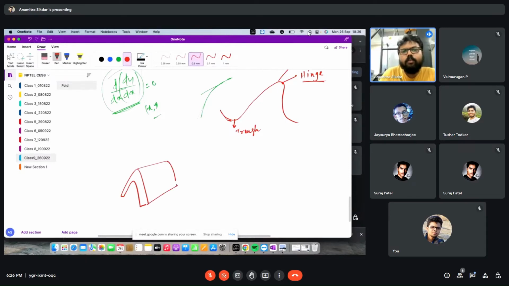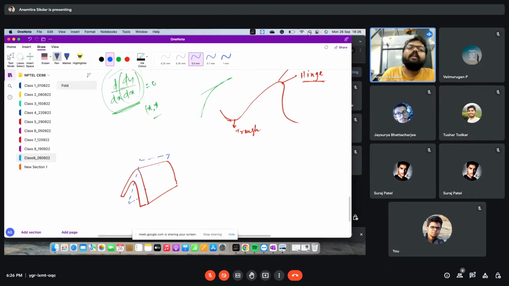So if this is a fold, there is an imaginary plane which acts as a, what should I say, mirror, right? So this part will be more or less symmetrical to this part, right? Or maybe not.